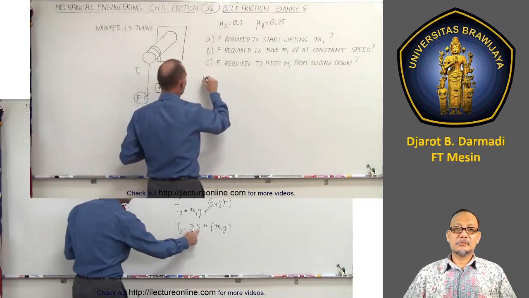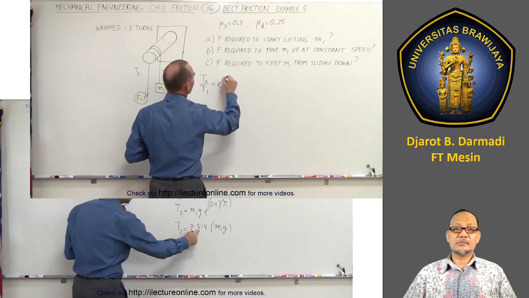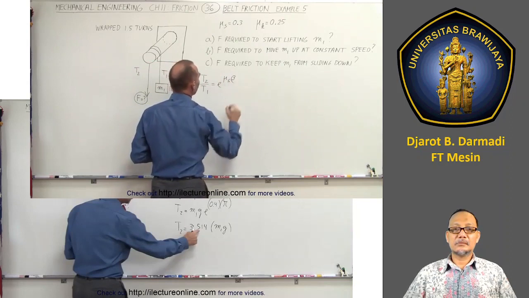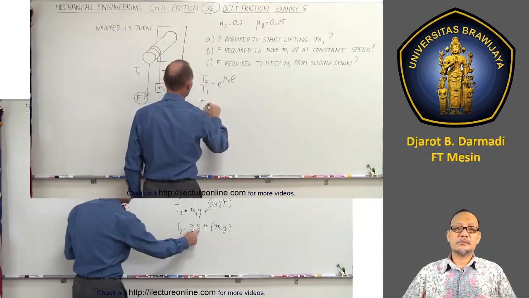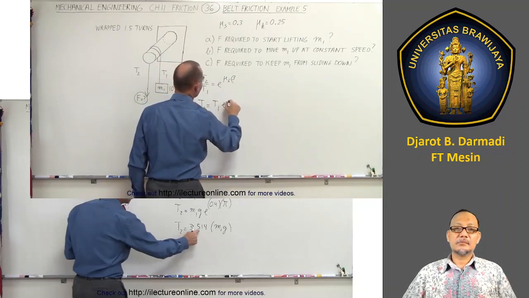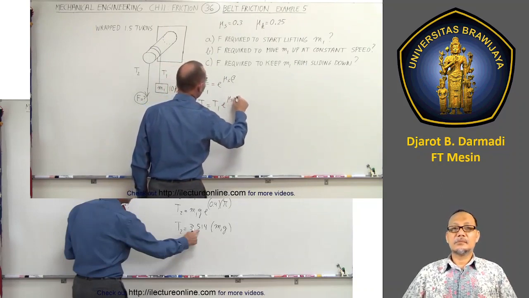We started with T2 divided by T1 is equal to e to the mu in the first case. So for part A, we're going to use mu sub s times the angle beta. Since we're looking for T2, we could write that T2 is equal to T1 e to the mu sub s times beta.